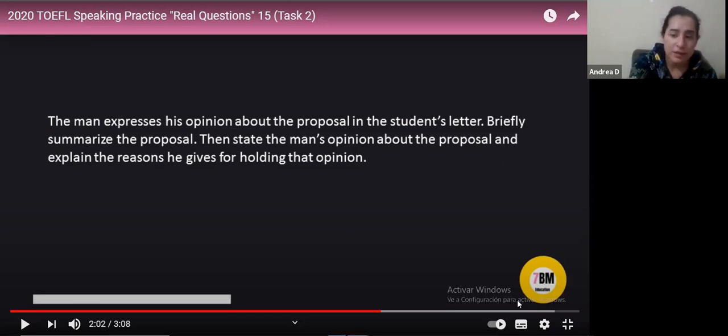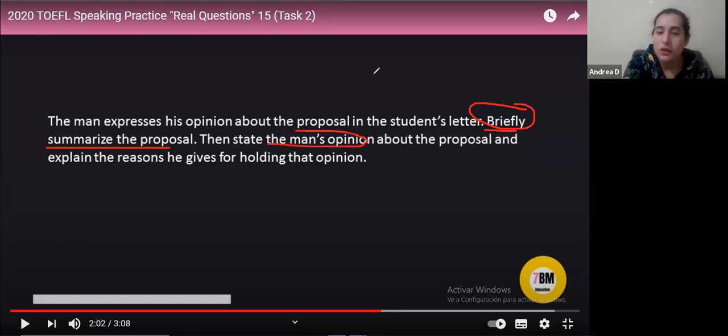This is what you need to do. Even if the question doesn't specifically ask for it, at the beginning you're going to have to summarize the proposal or the announcement, but briefly. The most important part in your response is going to be talking about the student. So that's how we're going to structure your response.